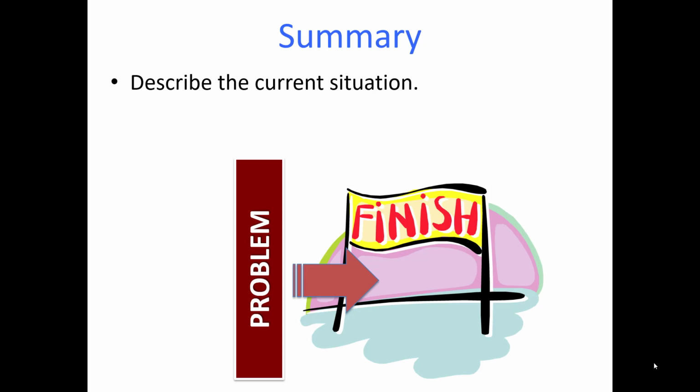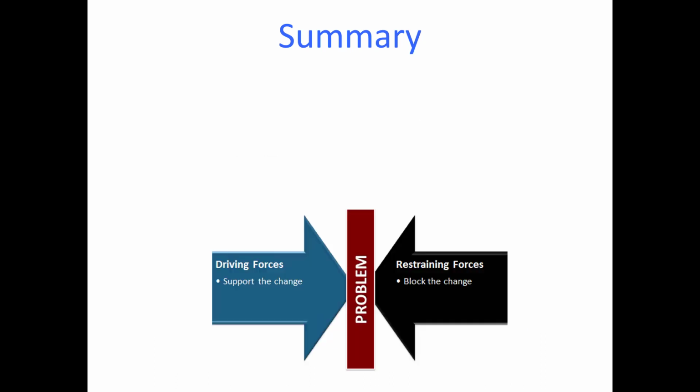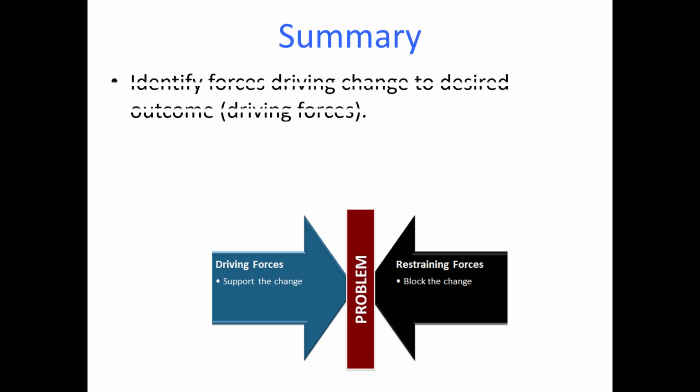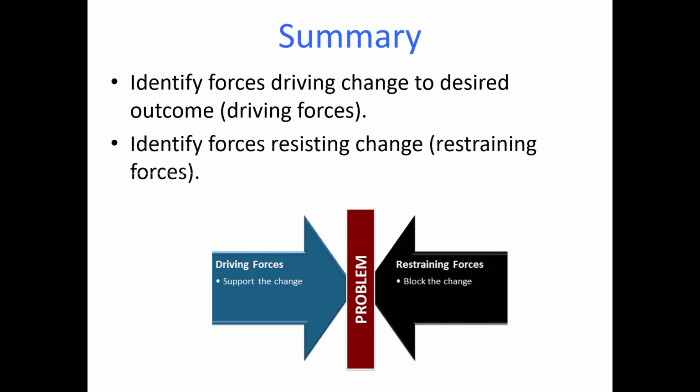So here is the summary. The first thing you do is you describe the current situation. You describe the desired outcome or what needs to change. Then you look at the forces that are driving the change to the desired outcome, or the driving forces. And then you identify the forces resisting change, or the restraining forces.